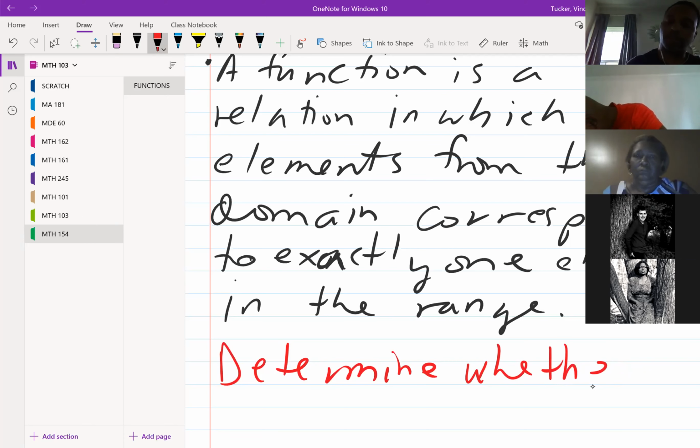All right, so this exercise tells us to determine whether each relation is a function.